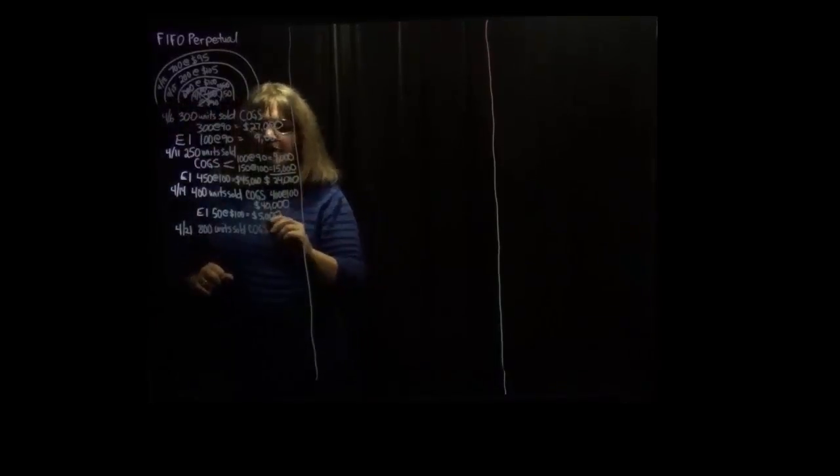In this case, our cost of goods sold is going to consist of the first ones in were the first ones out. So we're going to have 50 of the units that cost us $100 plus 200 of the units that cost us $105 plus 800 minus 250 is going to give us $550.